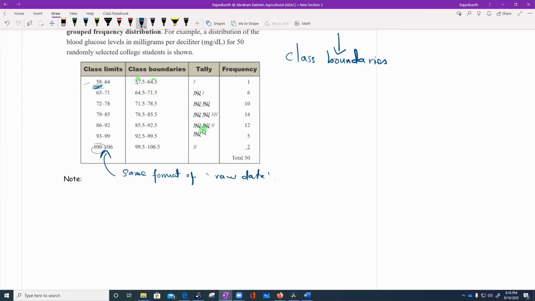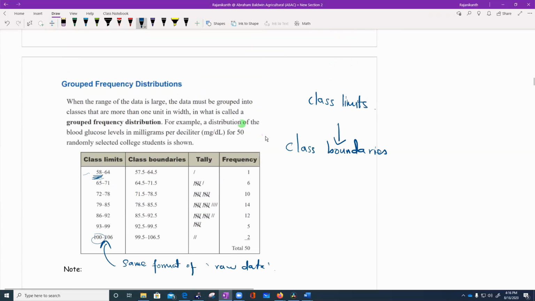Okay. So how do you make the class boundaries? Simply, for example, if your class limits have whole numbers, integers, then to find the class boundaries, take your class limits. You will always have two numbers in your class limit.